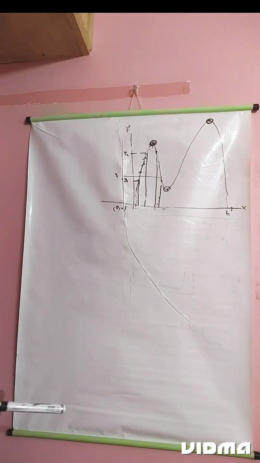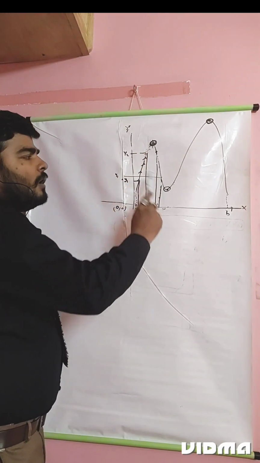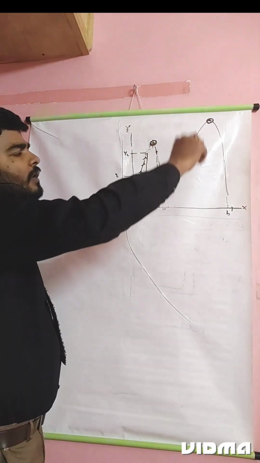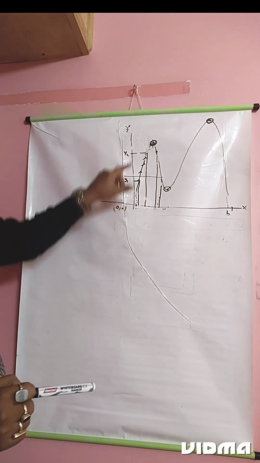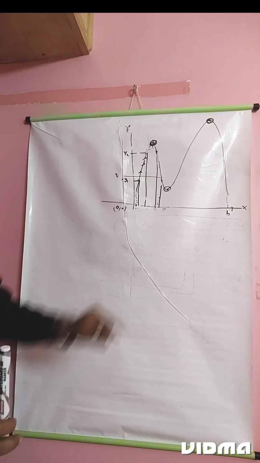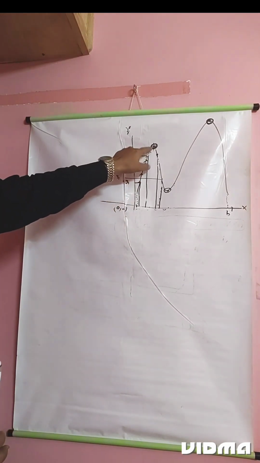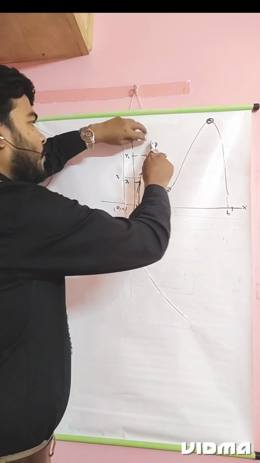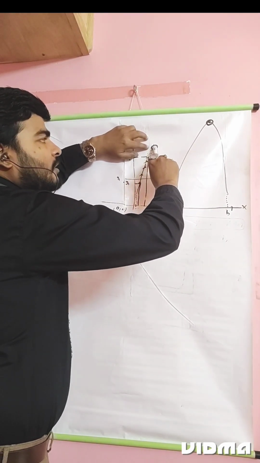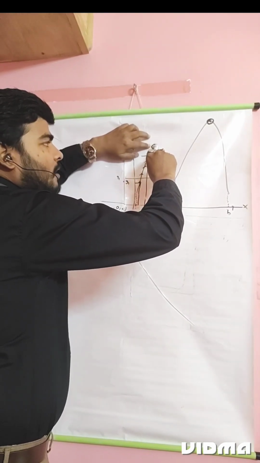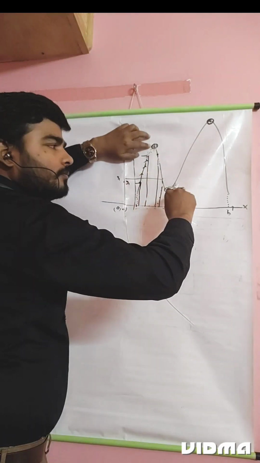Firstly, we can say that any curve in any interval attains maxima or minima at the critical point. You can see that there. Before this point the curve is increasing, and after reaching this point the curve starts decreasing.